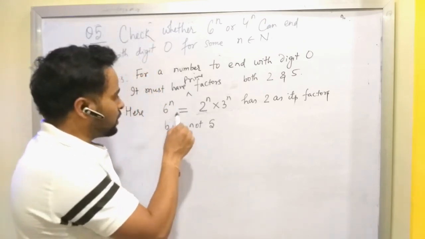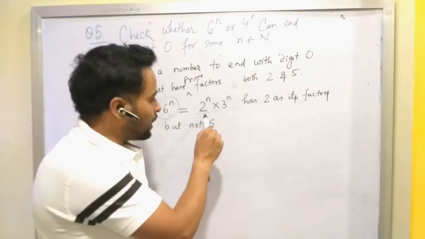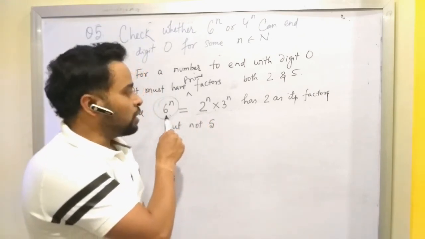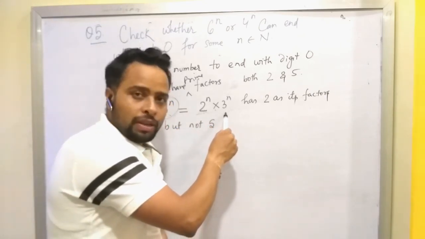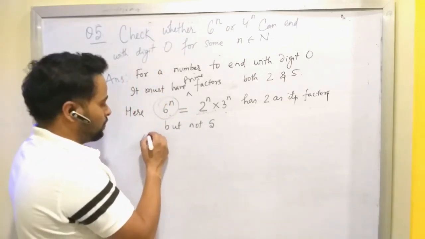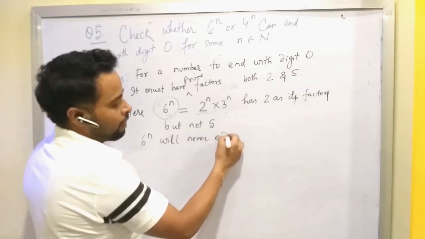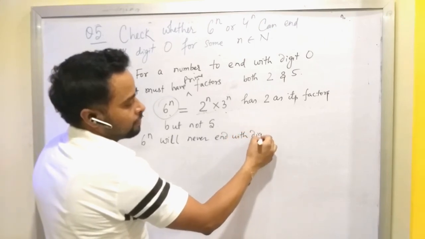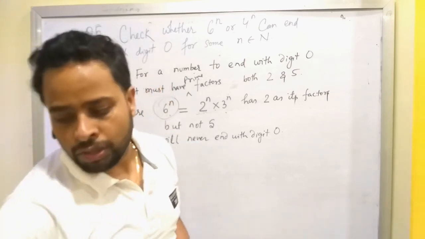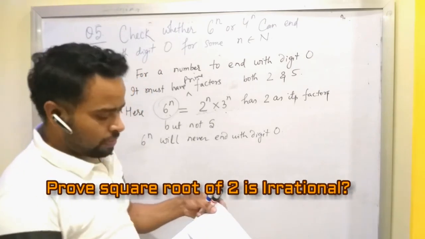When we express this composite number as a product of its primes, it must have 2 and 5 both in its factors. But 6 to the power n has 2 and 3 but not 5. So 6 to the power n will never end with digit 0 because it does not have 5 as its factor. Okay, this much.